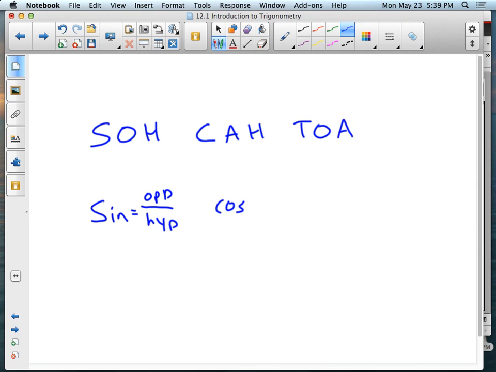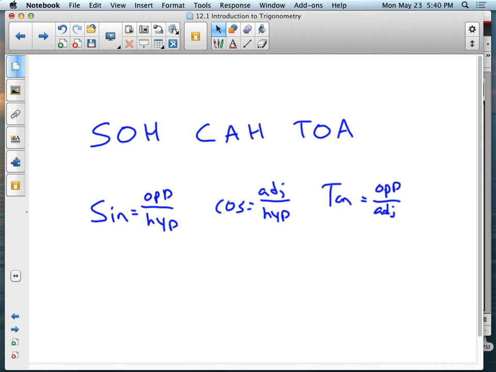And that the cosine is the adjacent over the hypotenuse. And the tangent is the opposite over adjacent. You'll notice that if you write that down, that SOHCAHTOA, it kind of gives you a nice mnemonic device to remember these trig ratios.